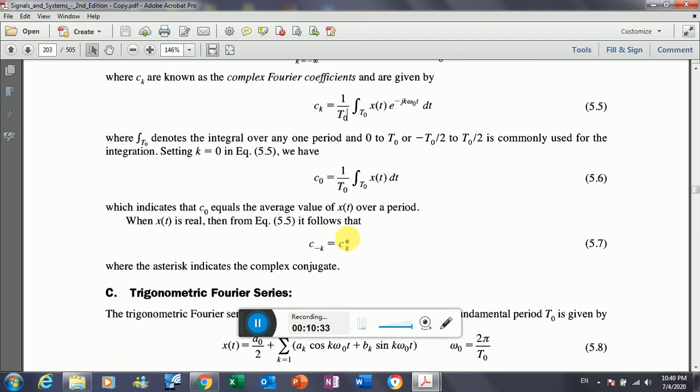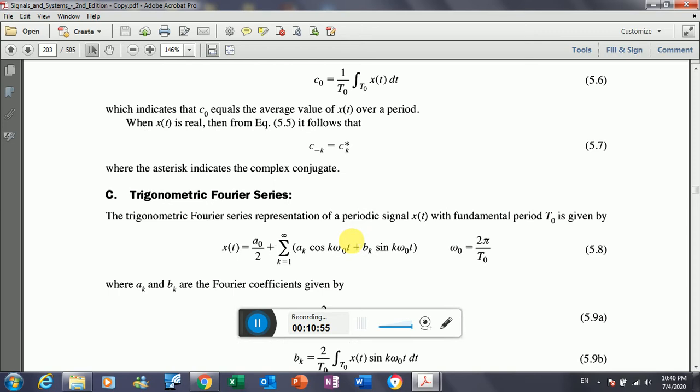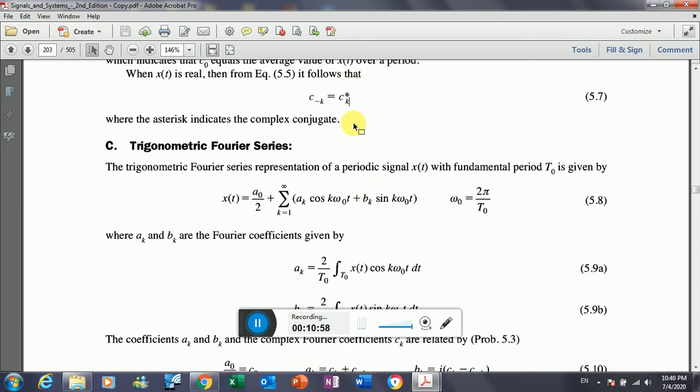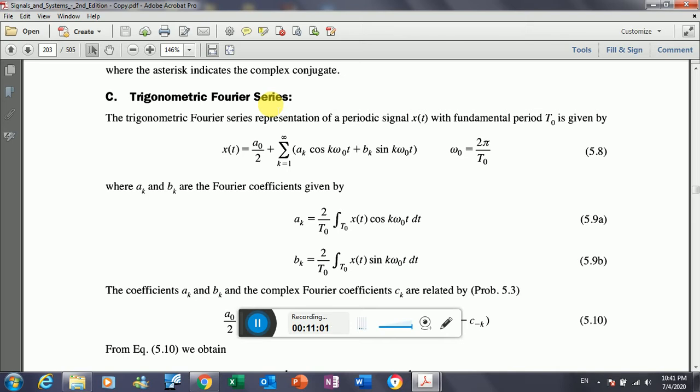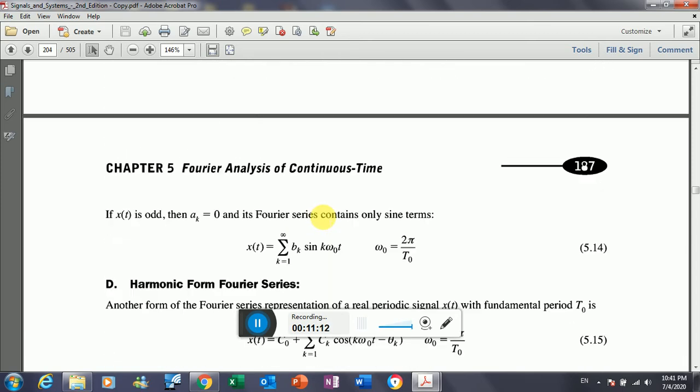That is, if this is a real signal, its negative part is the complex conjugate of its positive part. Okay. So if x of t is real, then C of minus k is equal to C of k conjugate. This is another observation from this equation. Trigonometric Fourier series, we will not study, because we have already studied this trigonometric Fourier series in the mathematics course.